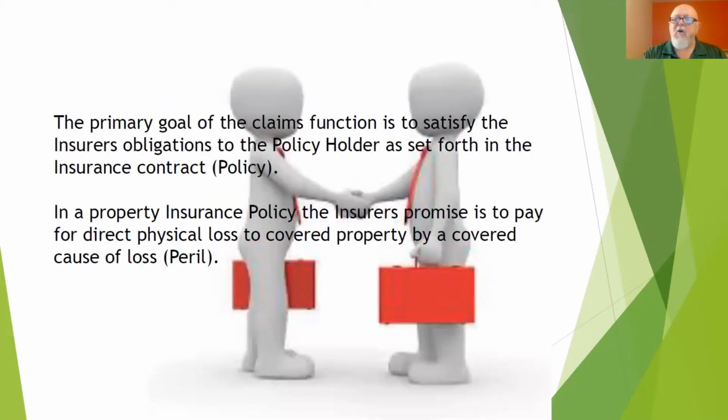The primary goal of a claim is to satisfy the insurer's obligations to the policyholder or the insured. The claim is the vehicle by which the policyholder can get satisfaction from the insurance company. It's their promise to cover, typically, any direct physical loss that is sustained because of a covered peril.